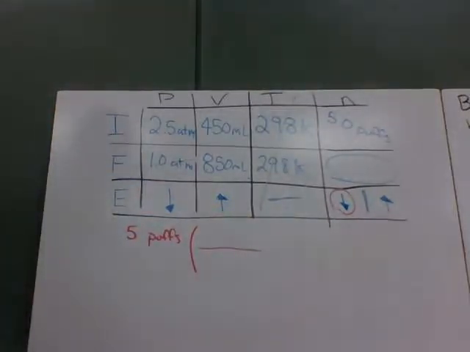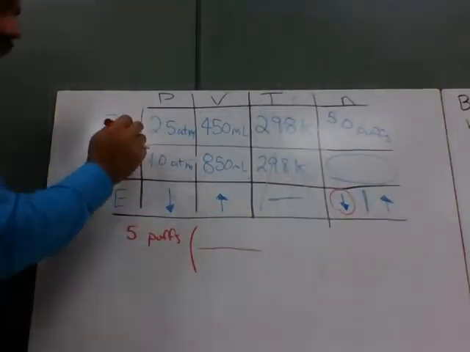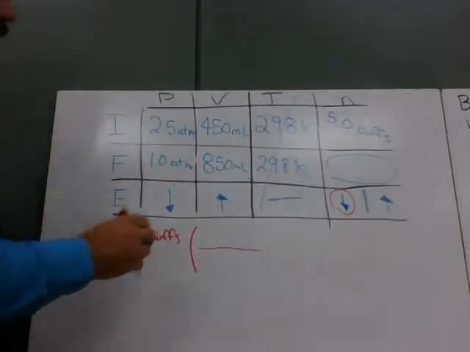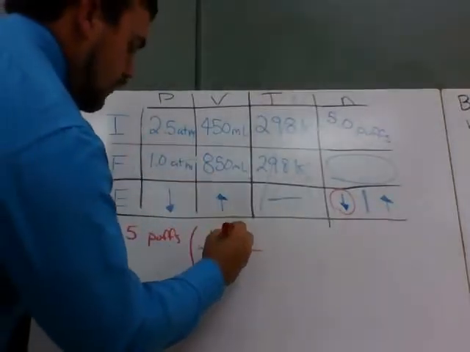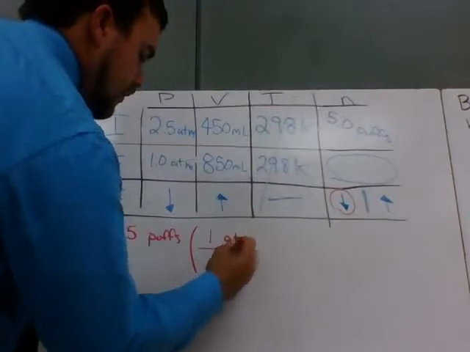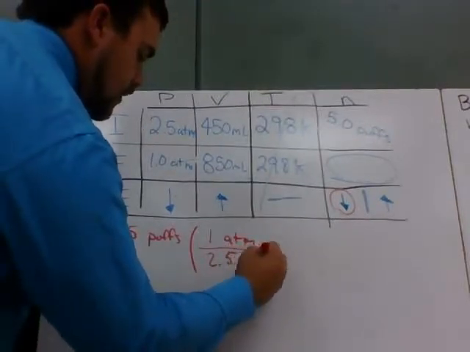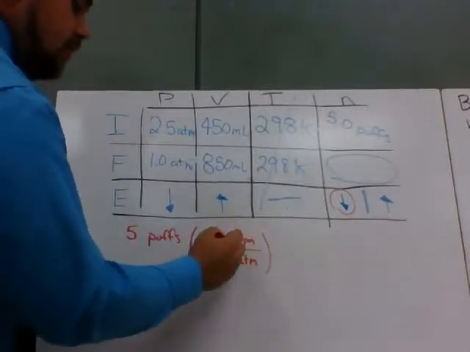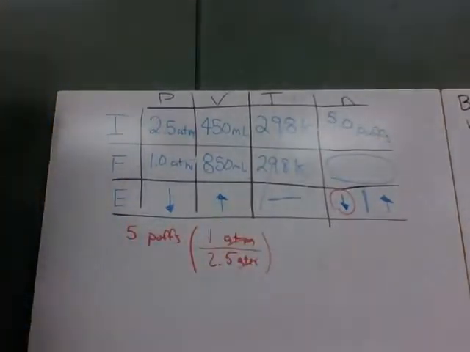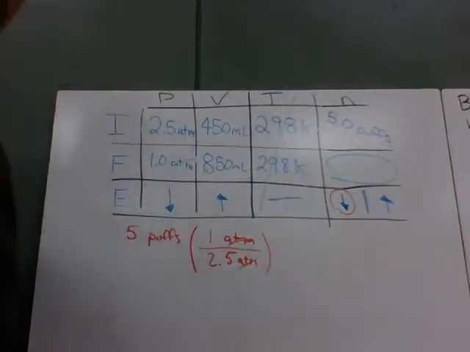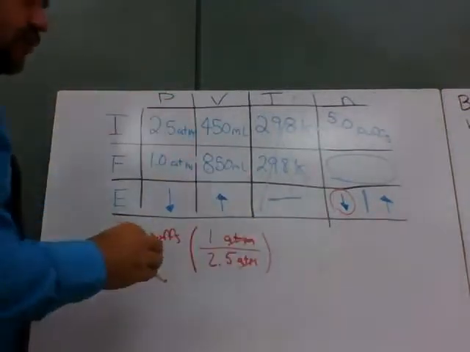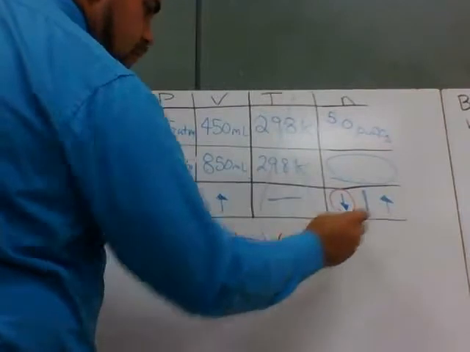I can either go 2.5 over 1 or 1 over 2.5. If I went 1 over 2.5, that's going to give me a smaller number. So I'm going to take 1 divided by 2.5, and I'll show that my atmospheres cancel. You can go ahead and calculate that, but I would encourage you to hold off on that because we can now take care of this side.